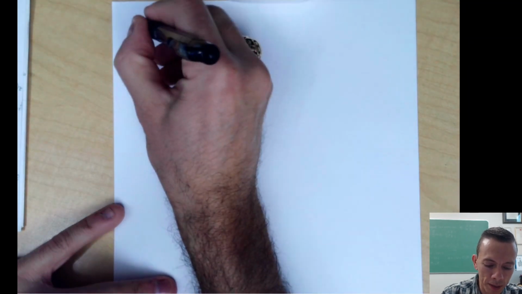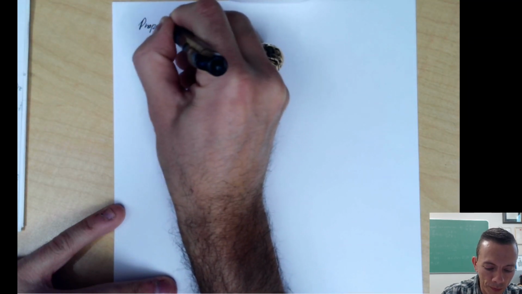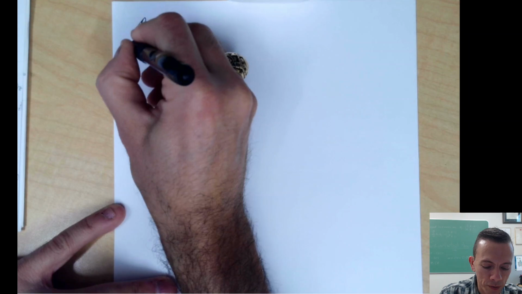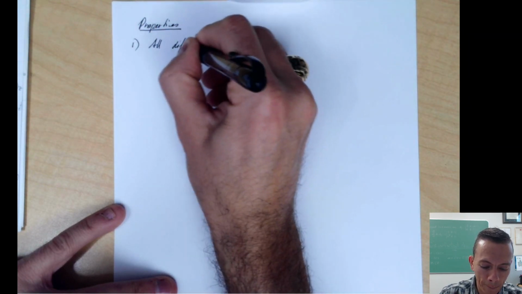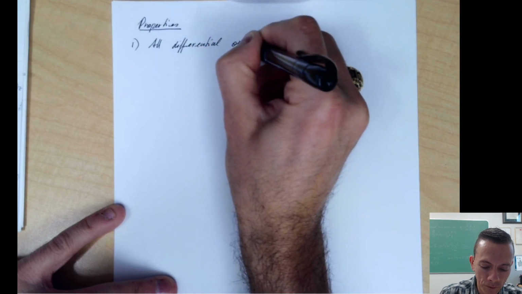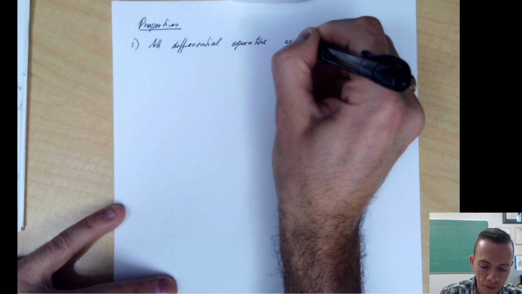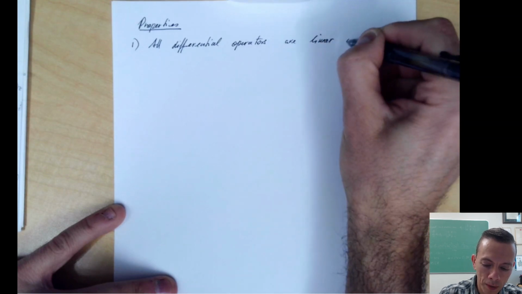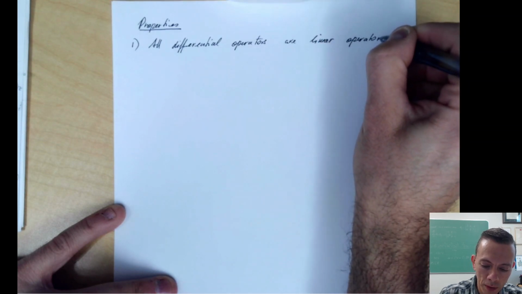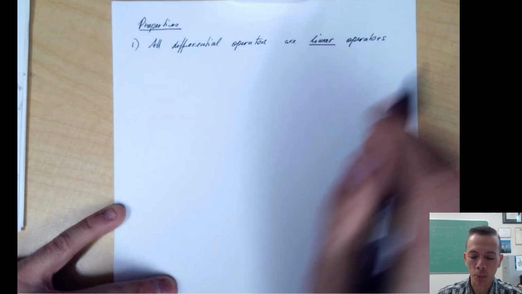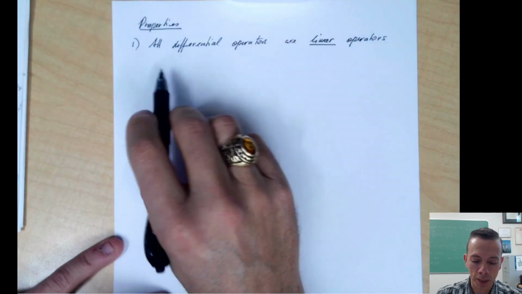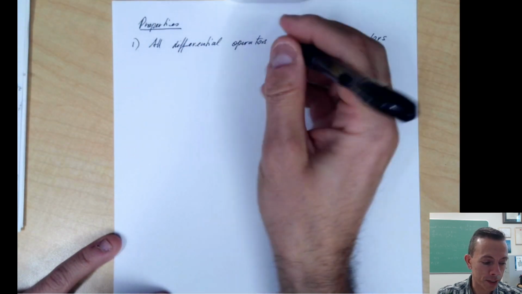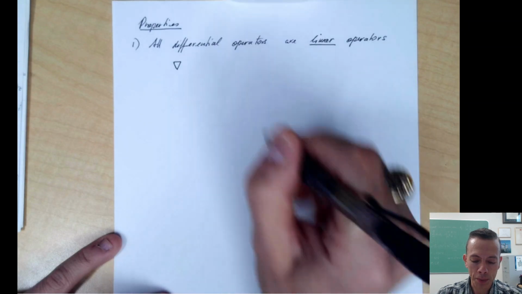So now that we've defined all of these operators, let's look at some of the properties. So first of all, differential operators are linear. Linear operators, meaning that they preserve addition and scalar multiplication, which means that you can always float out scalar constants and break up sums or subtractions.